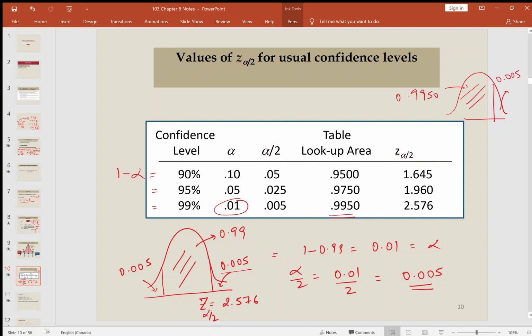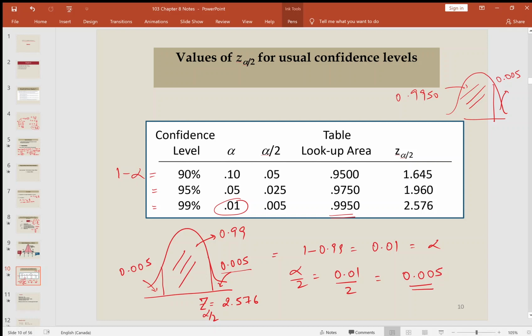Okay, so if you look up that, you will not find this number, but what you would see is that 0.9950 is between two numbers. It is between 2.57 and 2.58.